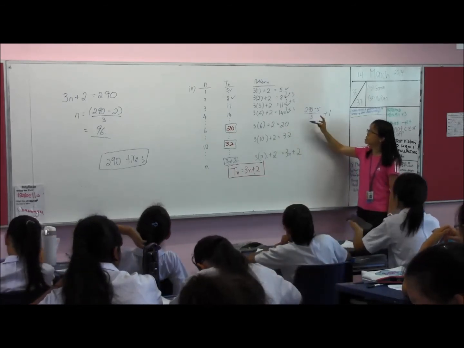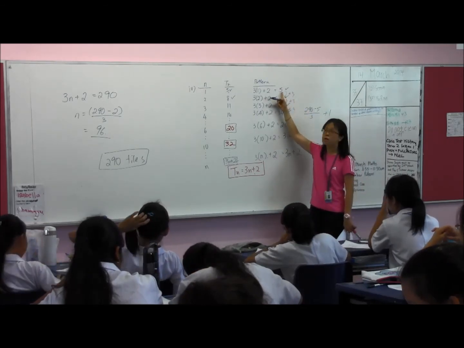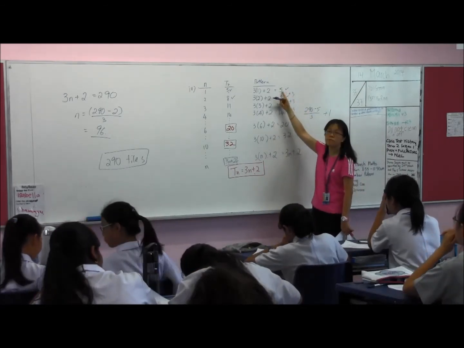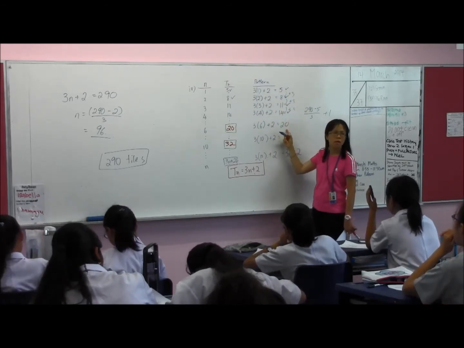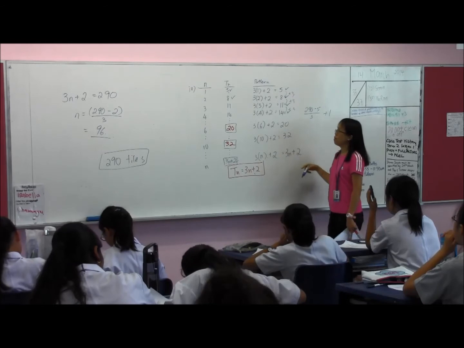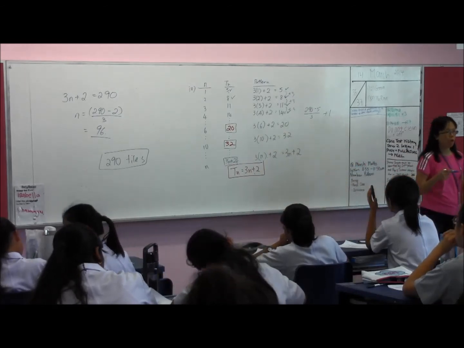The first one is 5. So 20 minus 5 is 15, 15 divided by 3 is 5, then you add plus 1. Okay, I won't say it's wrong, it's correct.